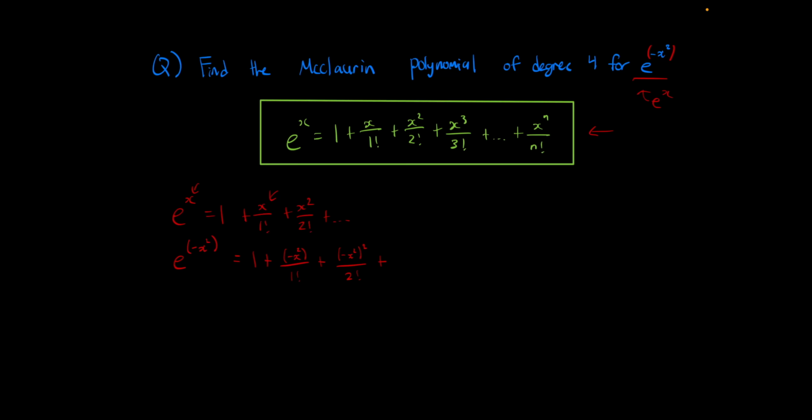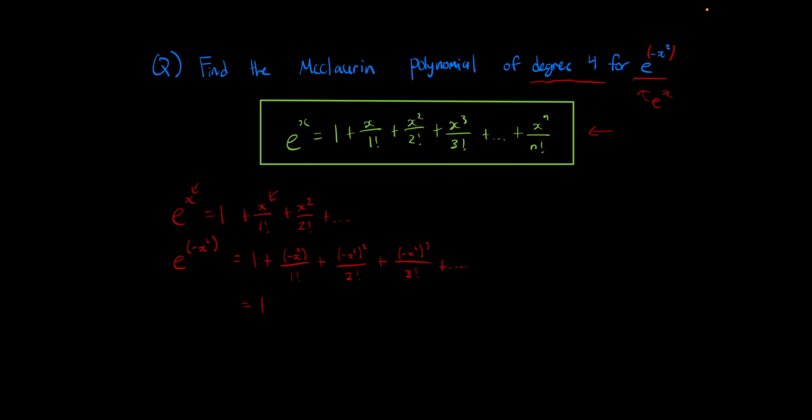And then you go one more, it would be negative x squared to the 3 over 3 factorial, and so on and so on. It is also important to recognize that right now we're only interested in degree 4. So that means we are only interested up to x to the 4. Anything above that we don't care about, and we're not going to include in our answer.